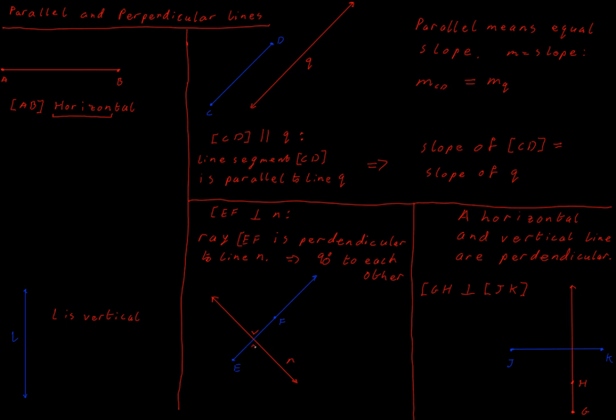We could put one in each of those corners. They're all perpendicular to each other. We don't generally need to write them in all corners. So we write in our right angle symbol there for saying that we are perpendicular to each other. And the ray EF is perpendicular to N. And I have that written for you in English. And perpendicular means they're at 90 degrees to each other.